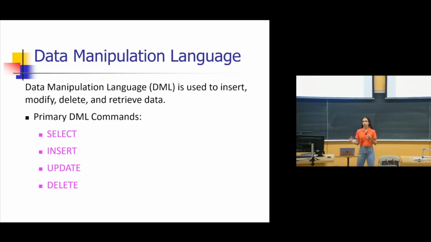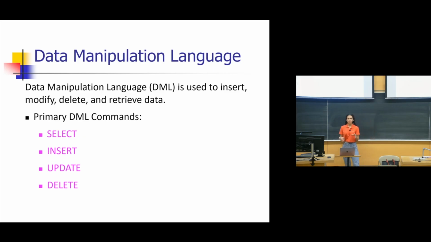It's nothing to do with the structure of the table, which you have, for example, in data definition language, such as when you drop a column, when you create or drop a table, or even if you alter a table, for example, adding a column, changing the data type. So these are all DDL commands that we've covered.